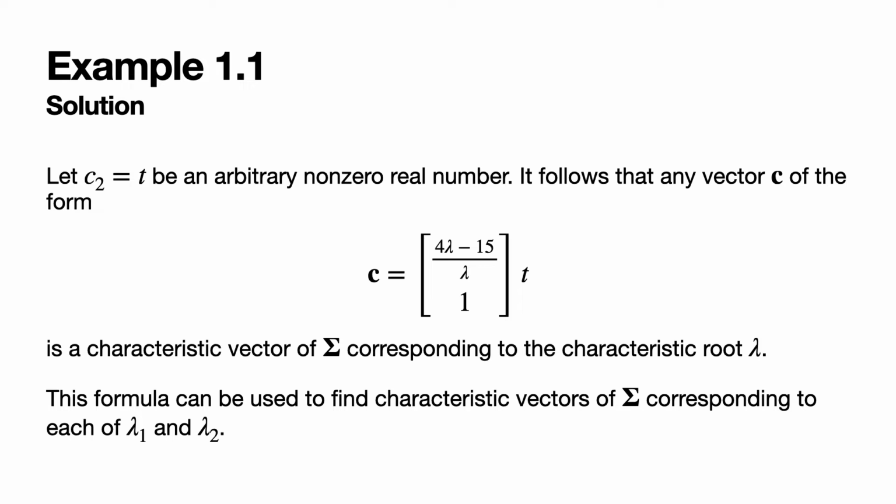So any vector c that has that form is a characteristic vector of cap sigma corresponding to the characteristic root lambda.